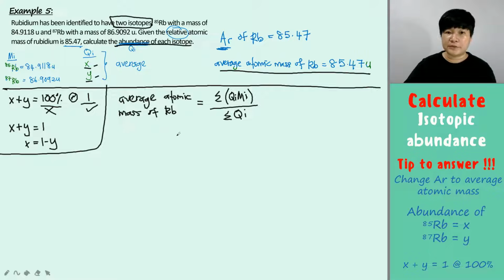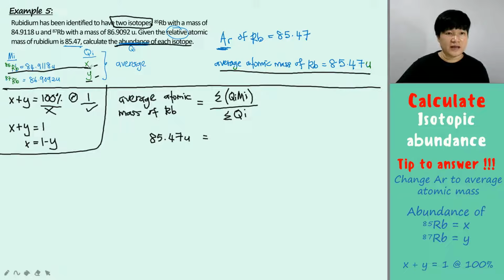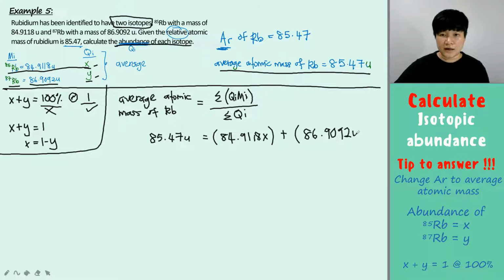We know that the rubidium calculated right now is 85.47 U, equal to the QI for rubidium-85 is X. So you have 84.9118 times X plus, with the rubidium-87, which is 86.9092 times Y. So we have the X plus Y over here, over the isotope abundance total.